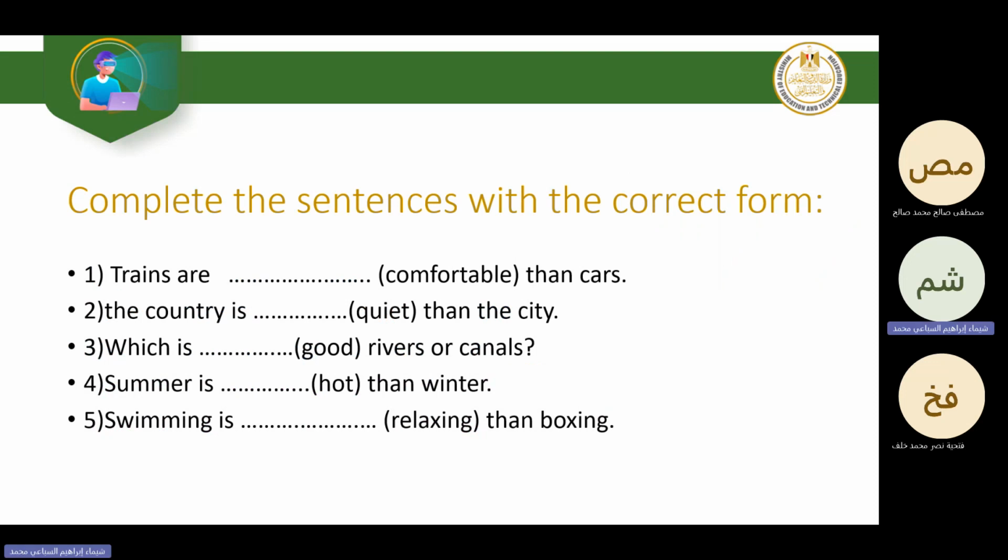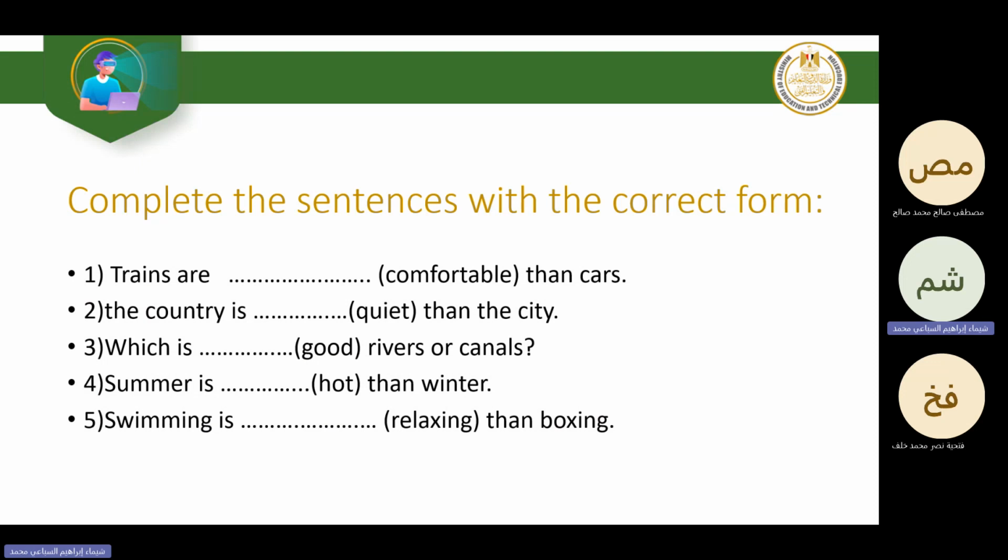Let's do this exercise together. Complete the sentence with the correct form. Okay, number one. Trains are blank comfortable than cars. We are comparing between trains and cars.